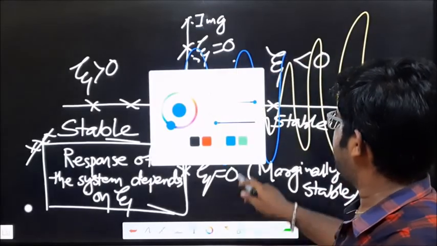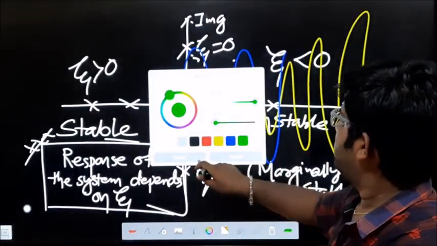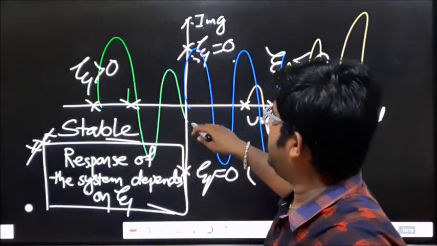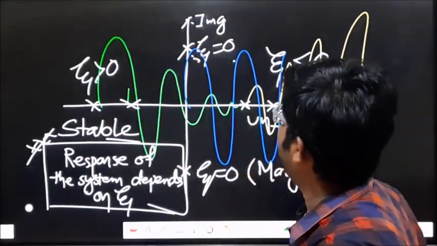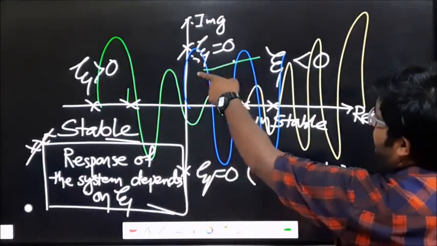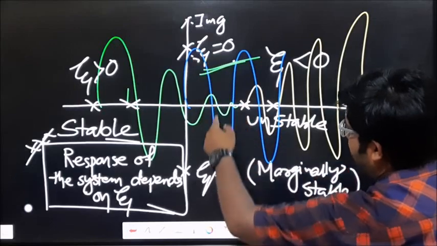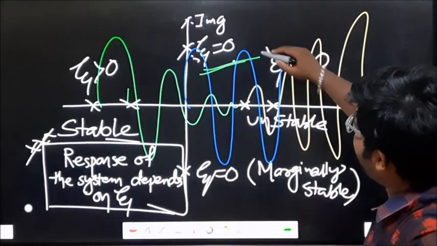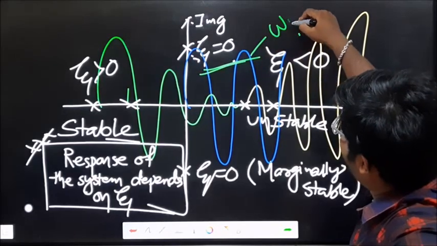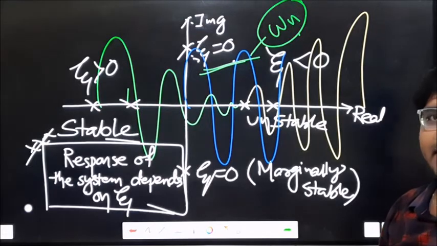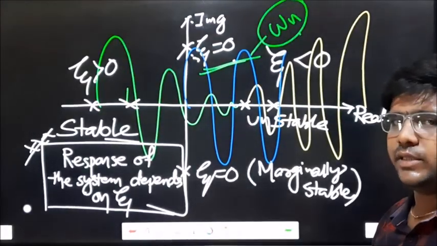When you make zeta this value, the system oscillates and goes down to 0. So whenever zeta is equal to 0, the system oscillates with a constant frequency between two boundaries. That frequency of oscillation is called omega n, the natural frequency of oscillation.